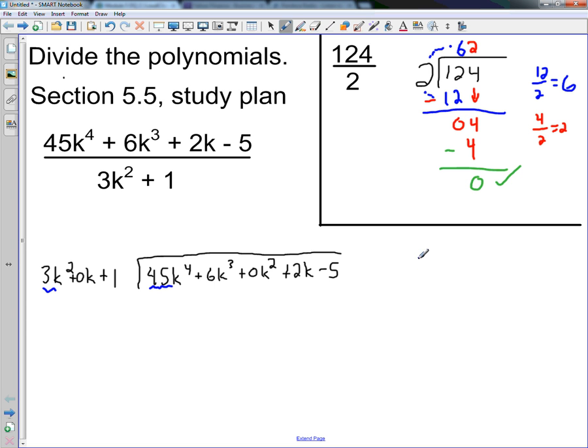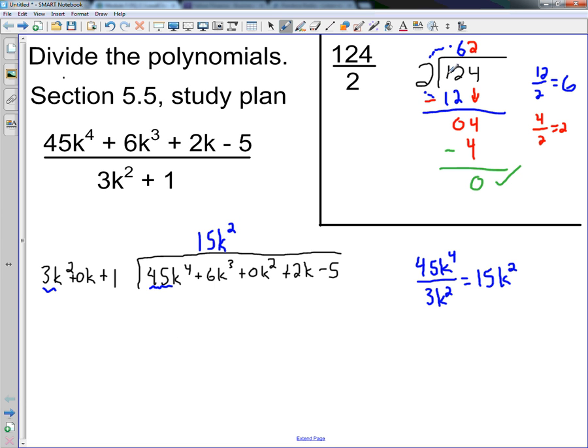So I'm going to take 45k to the 4th, and I'm going to divide it by 3k squared. 45 divided by 3 is 15. K to the 4th divided by k squared, subtract the powers, and we get a k squared. So I have 15k squared as my first number up top.